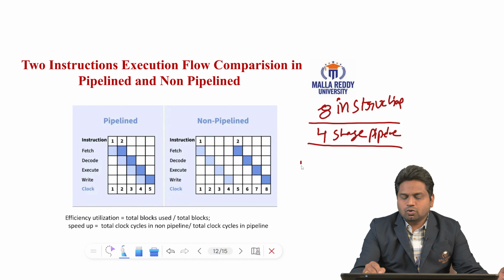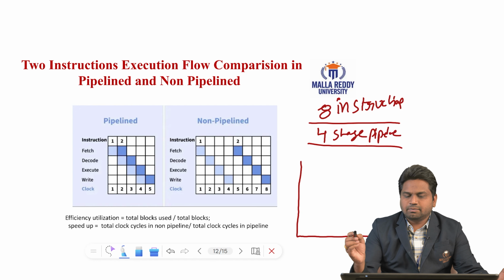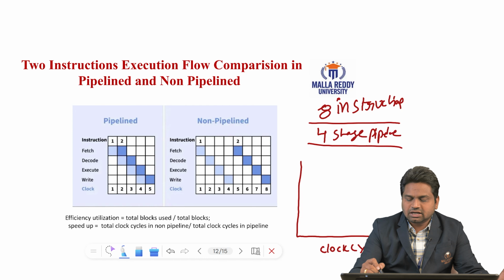Right now I am drawing this time diagram, and through this I am going to explain. These are the clock cycles of time, showing how much time we are executing. These are the stages: the instruction fetch phase, the decoding phase, the execution phase, and the write back phase.